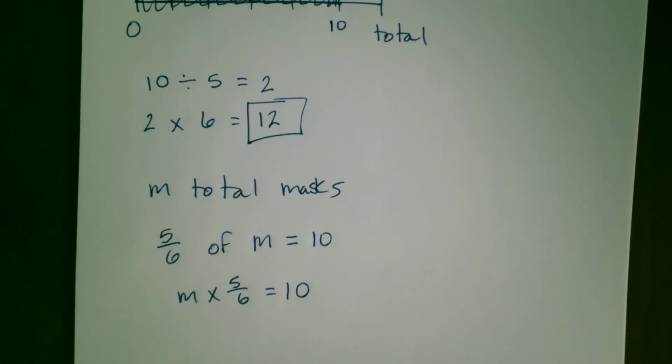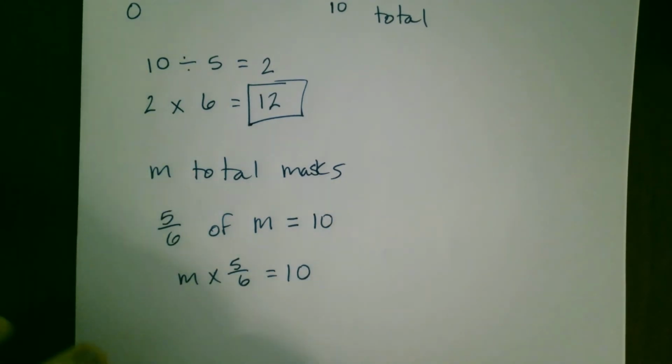Now, we've talked about before, addition and subtraction are inverse operations. If I want to undo the addition, I can subtract. If I want to undo the multiplication, I can divide. So my goal here is to get M all by itself, right? I want to know what the total number of masks is.